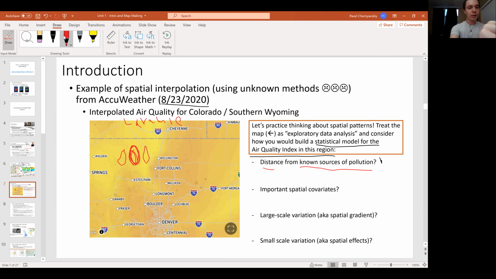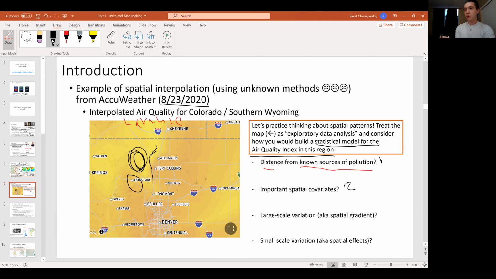Well, okay. What about important spatial covariates? We know in Wyoming and Colorado that elevation is huge. If you think about sketching the elevation contours, it will help you in northern Colorado a little bit. But Estes Park is in Rocky Mountain National Park, and the air around Estes Park is worse than the air just west of Fort Collins.